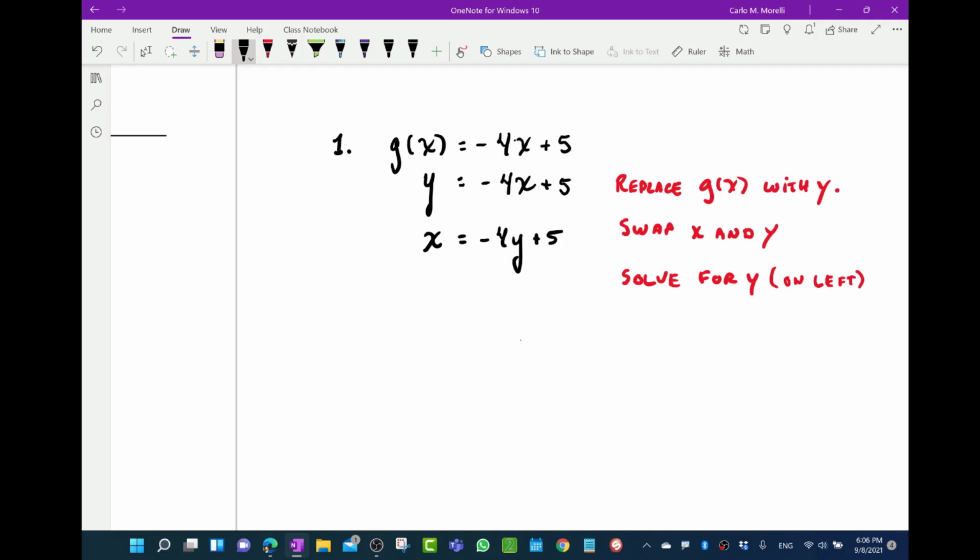So this is the algebra part. I would start by adding 4y to both sides. Thus we have 4y plus x equals 5. Okay.